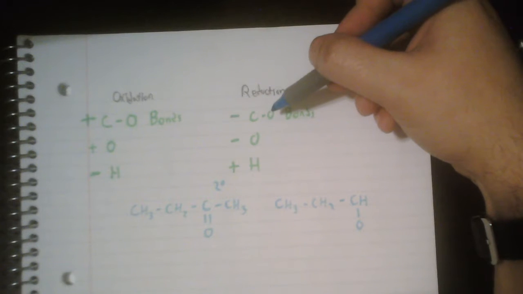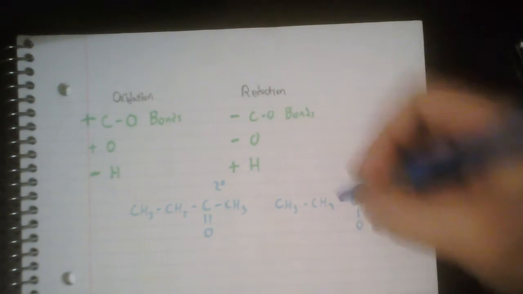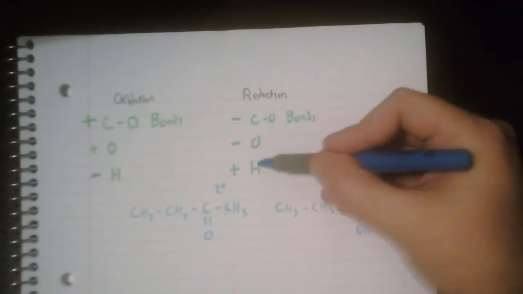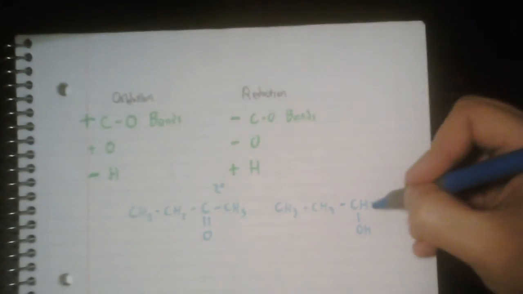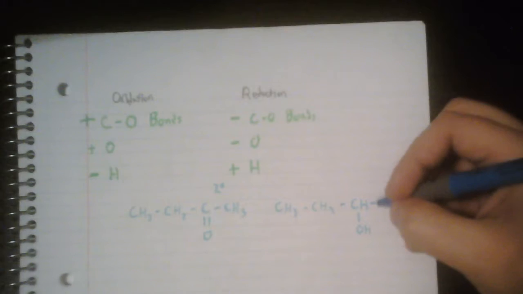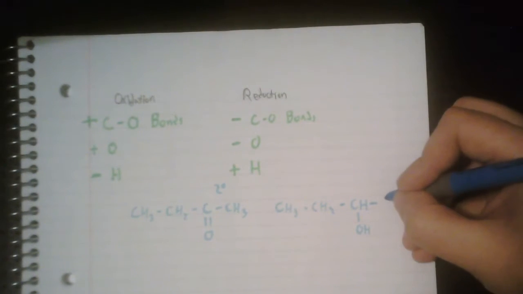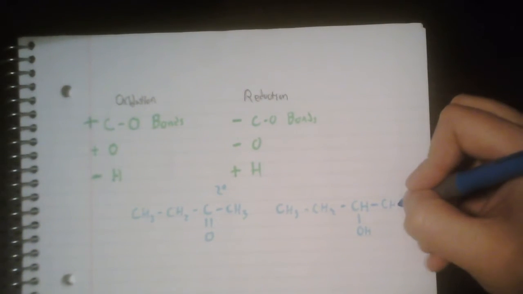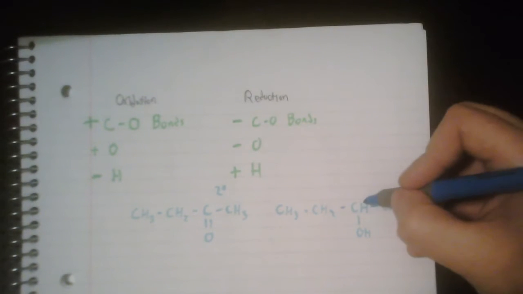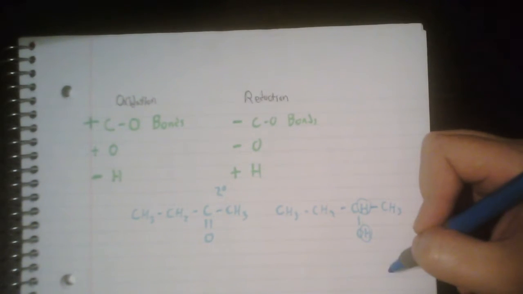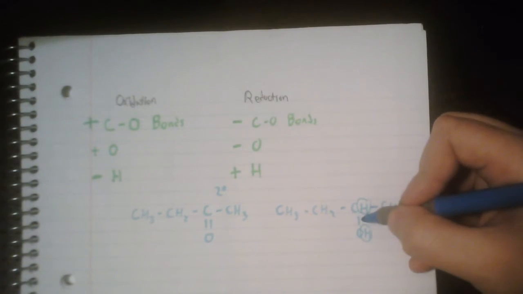So this guy is being reduced. And this one is going to have an H because we're adding a hydrogen. And this guy also needs another H because we added it there, and then CH3 still. So basically this hydrogen and this hydrogen got added and the double bond was removed. So that's a reduction reaction.